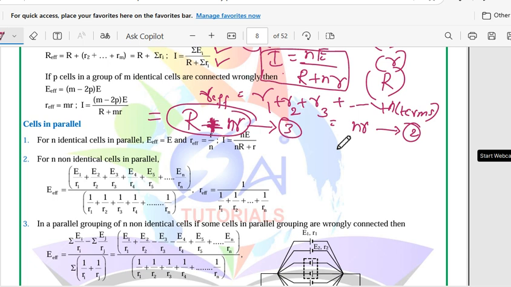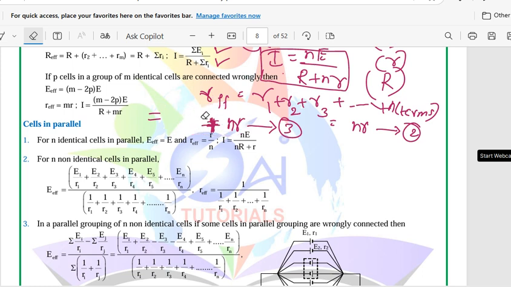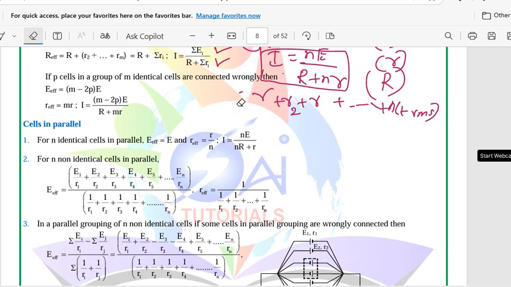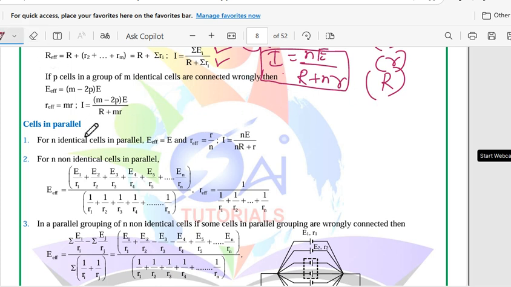Suppose you consider cells in parallel combination.